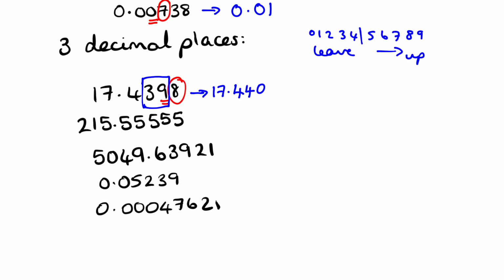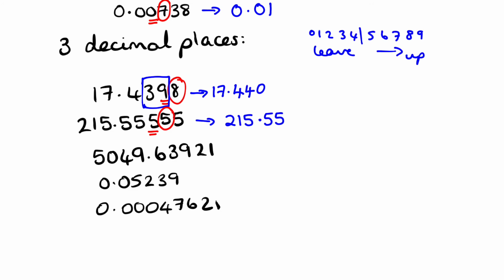Okay, right, the next one, we're going to look at our 215.55555, and the third decimal place is that 5 there. So this 5 tells us whether we have to leave this one as it is or move it up to a 6. And of course we need to move it up to a 6. So we get 215 point, so if we just have a look, we've got these two 5s anyway.